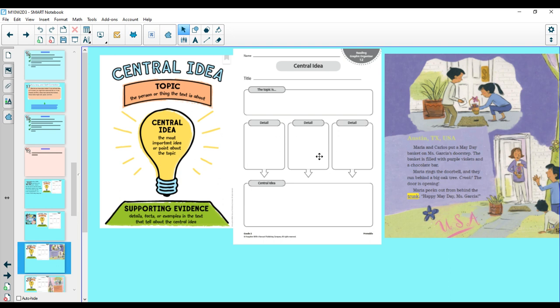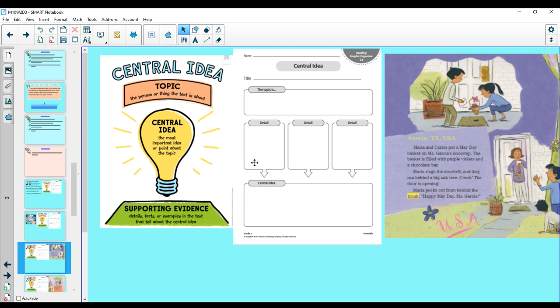In each detail box, it's your job to find a different place around the world, like Austin, Texas, USA. And in each box, you need to tell me what the children did to celebrate May Day. So I look on this page and I can see that it's about Maria and Carlos, and they did something very kind for Miss Garcia.